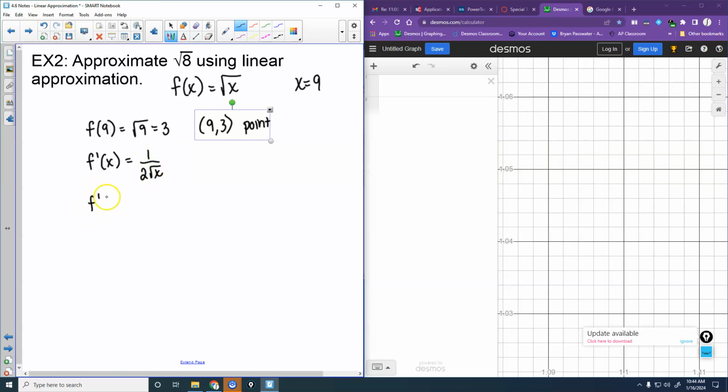So we want f prime of 9, which is 1 over 2 square root of 9, which is 1 over 2 times 3. So we'll get 1/6 as our slope. And so we got y equals 1/6 times x minus 9 plus 3. That's our tangent line.